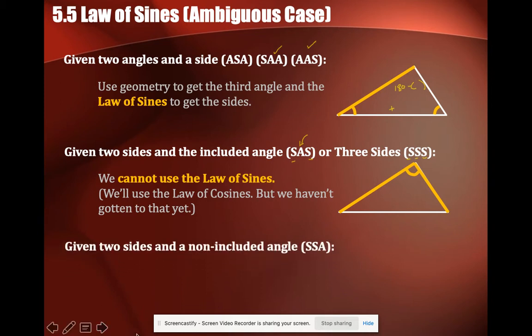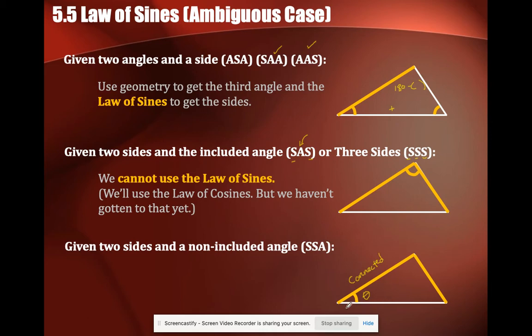But if you are given two sides and a non-included angle, so there's an angle, there's a side, and there is a second side where the angle is not in between, it is not side angle side. I'm going to give you some language that I use. If this is my angle, I call this side connected to the angle.